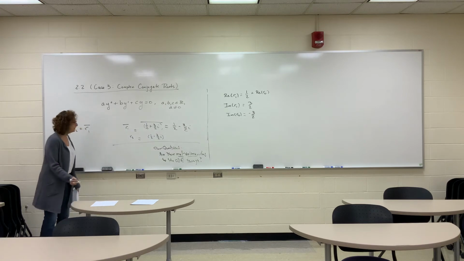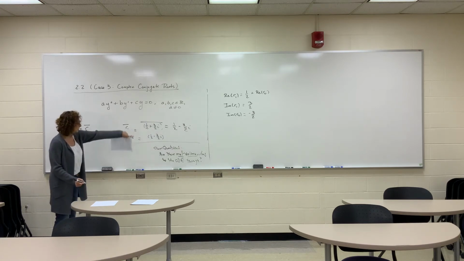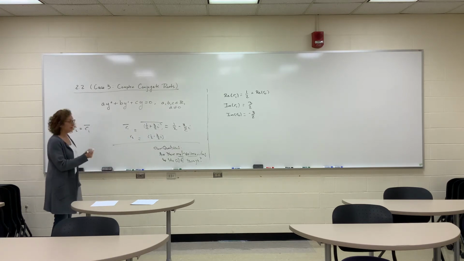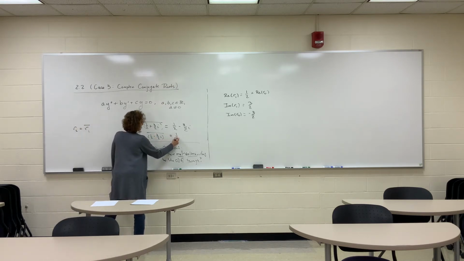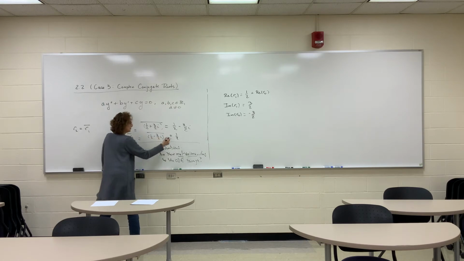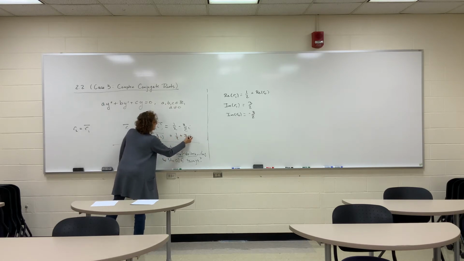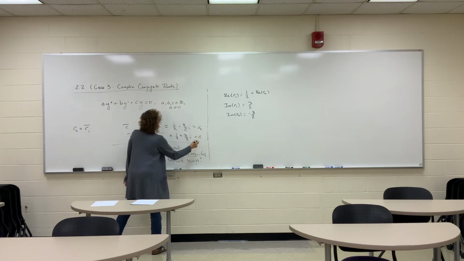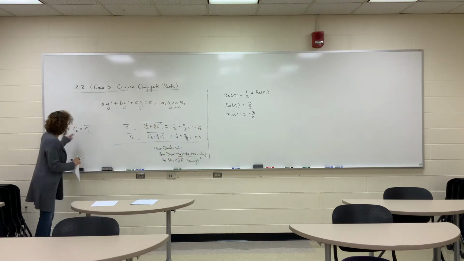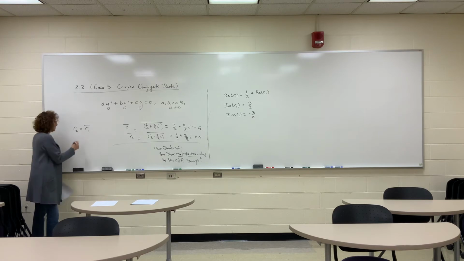So the conjugate of R1 is R2, right? And what is the conjugate of R2? Well, you change this minus to a plus, which is R1, right? So that's why we say they're conjugates of each other.